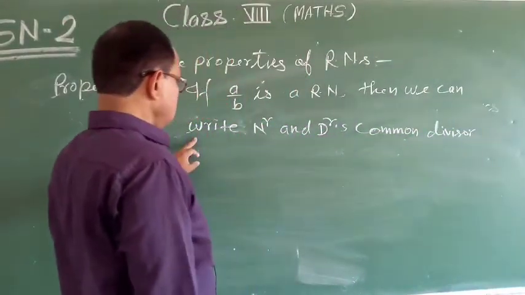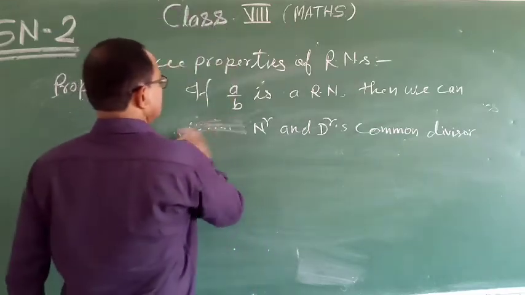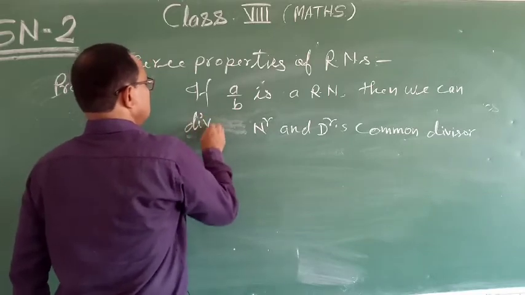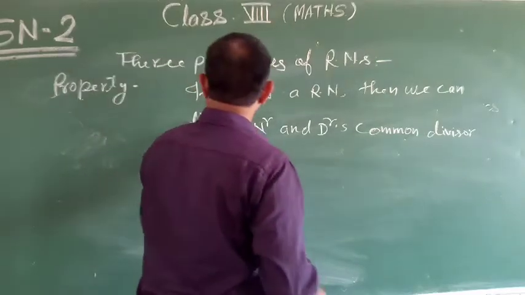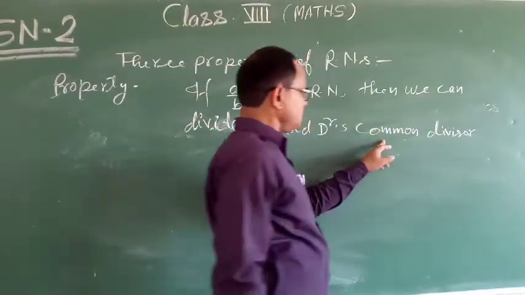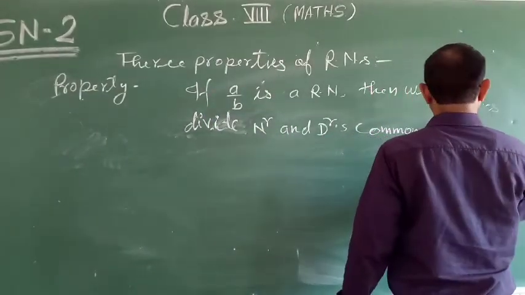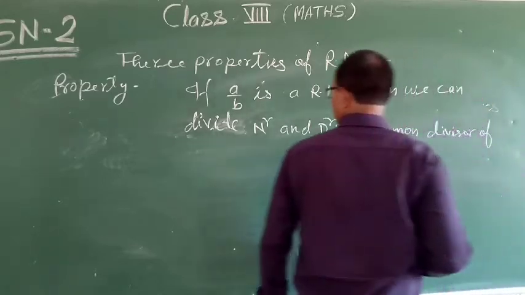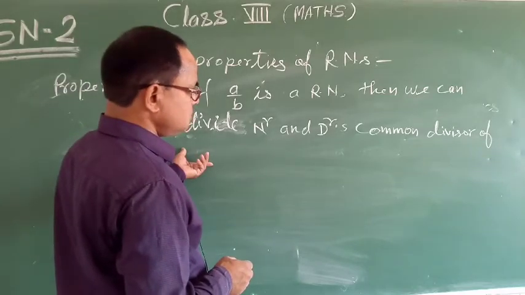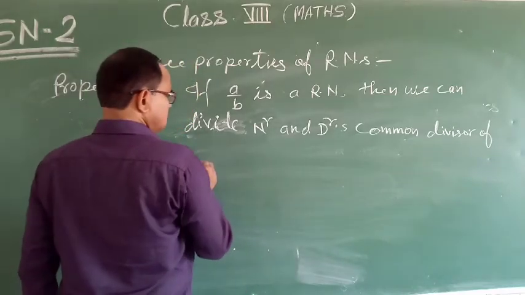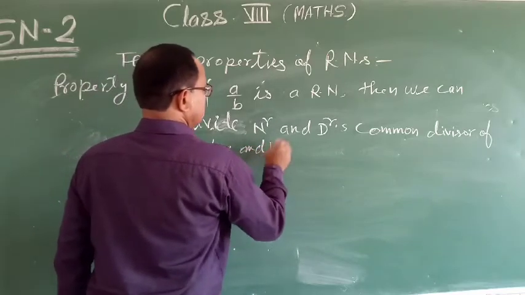We can divide the numerator and denominator by a common divisor of A and B integers.